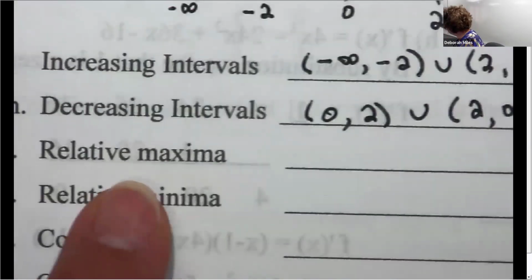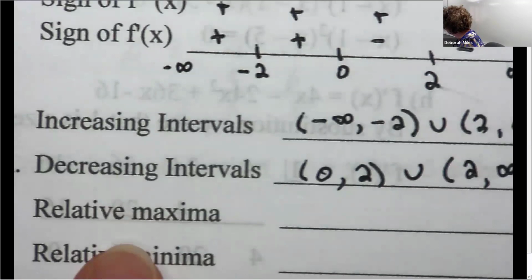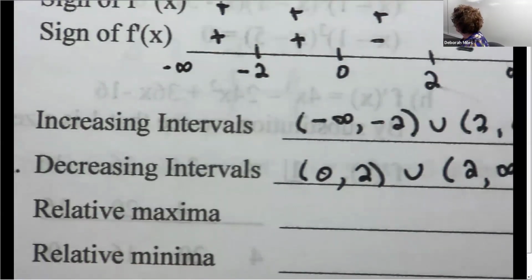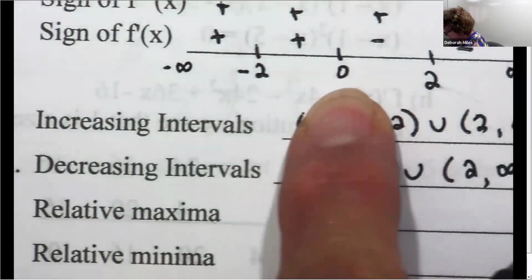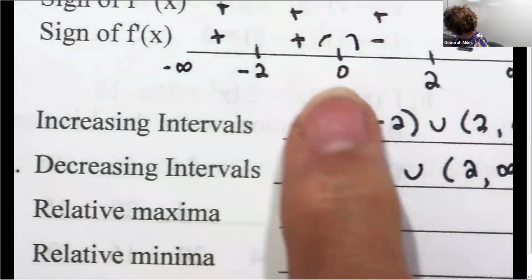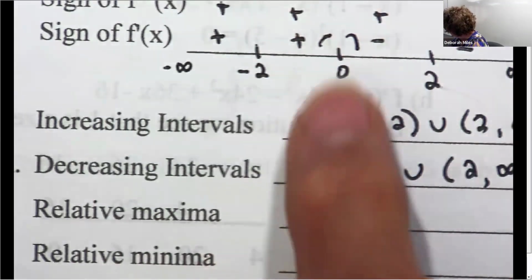What should I be looking at to determine relative extrema? Where the first derivative changes signs. How many times does the first derivative change signs? Only once, at 0. The function goes from increasing to decreasing, which means what happens at 0?